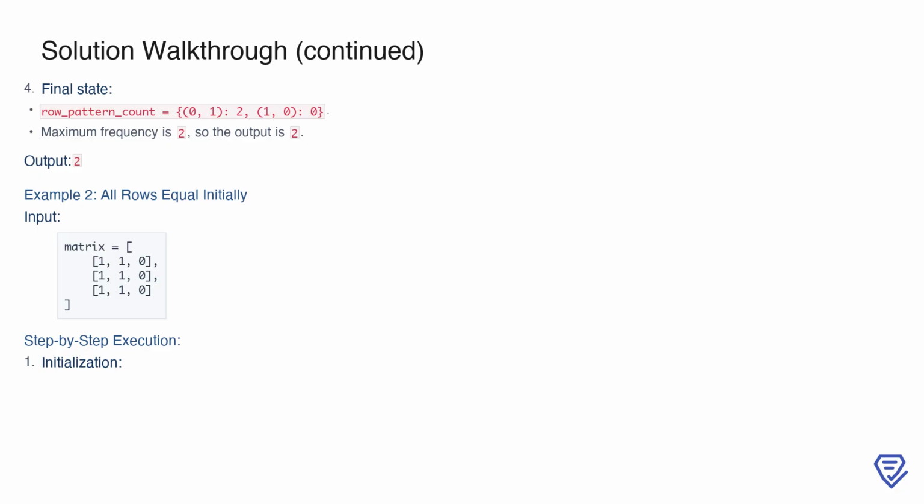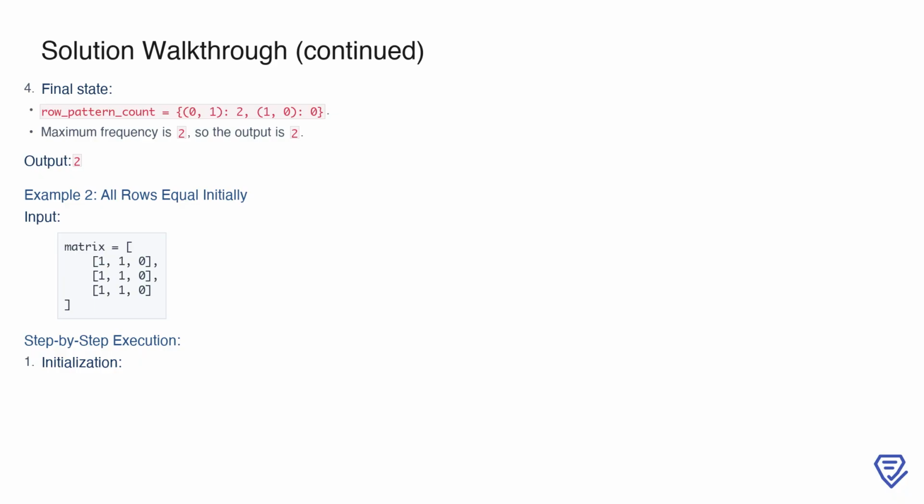After processing all rows, the final state of the row_pattern_count is (0, 1): 2, (1, 0): 0. This indicates that the pattern 0, 1 appears twice when considering both rows and their complements, while 1, 0 contributes nothing directly. The maximum frequency in the counter is 2, which means we can make all rows identical by flipping columns appropriately. Thus, the output for this example is 2.